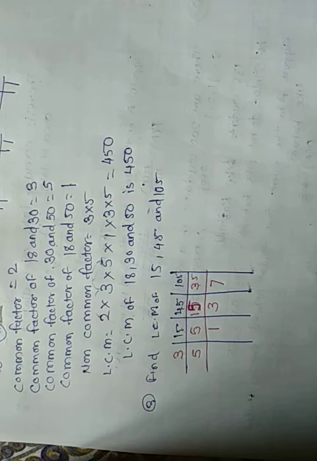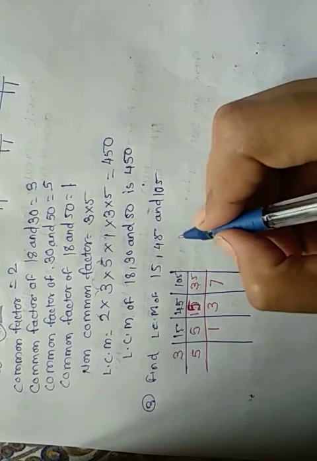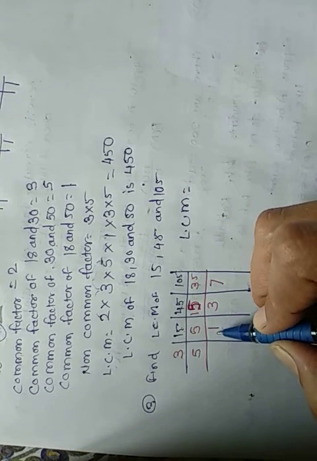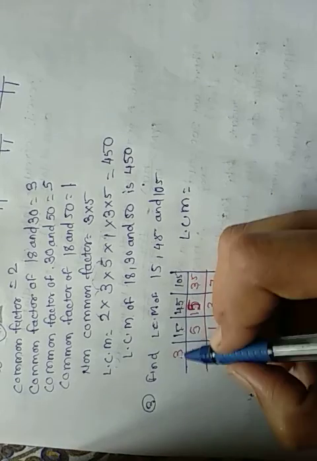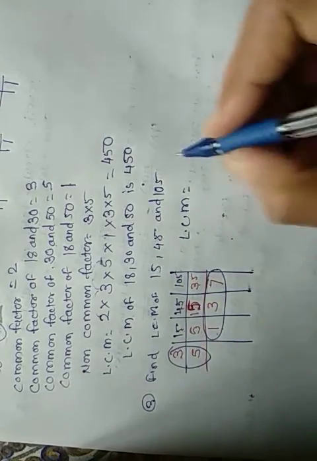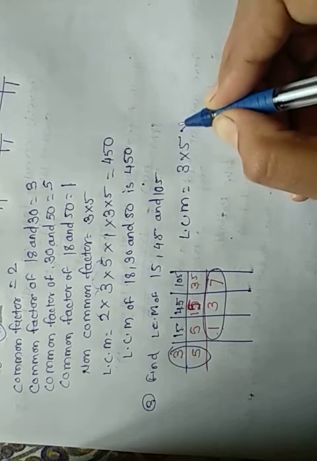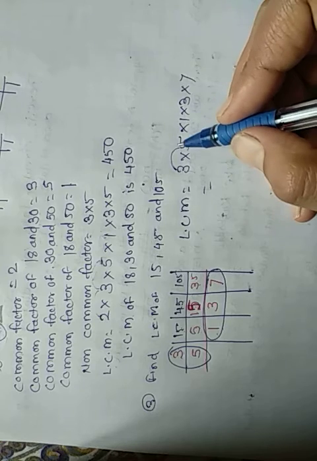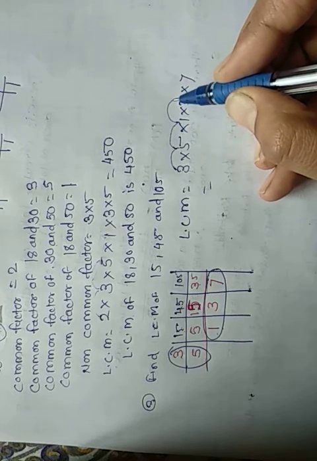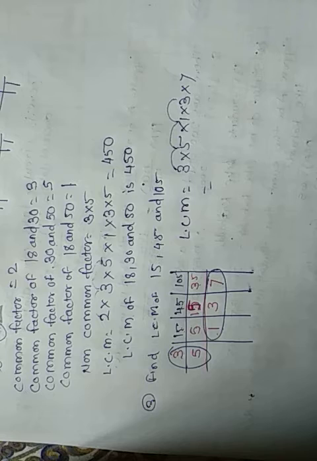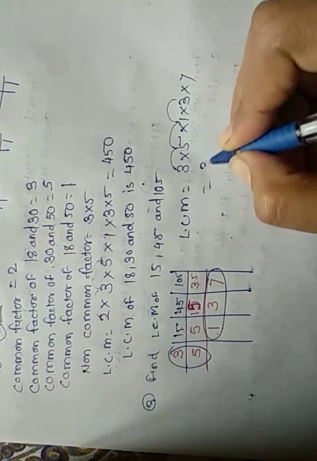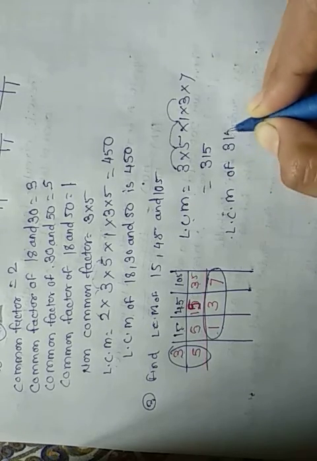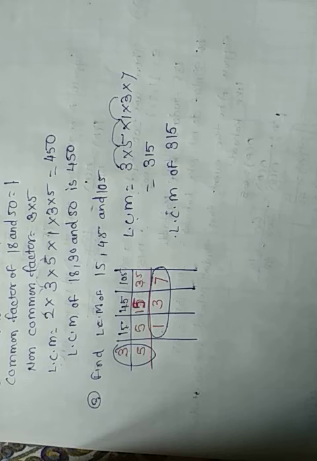So here LCM means the multiplication of these numbers: 3 into 5 into 1 into 3 into 7. 3 fives are 15, 15 ones are 15, 15 threes are 45 and 45 sevens are 315. This is the LCM of 15, 45 and 105.